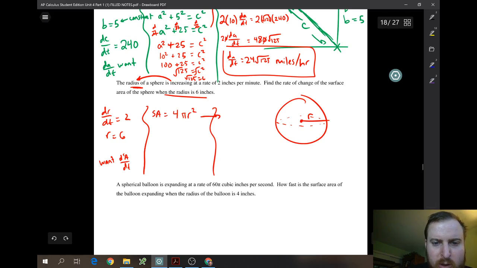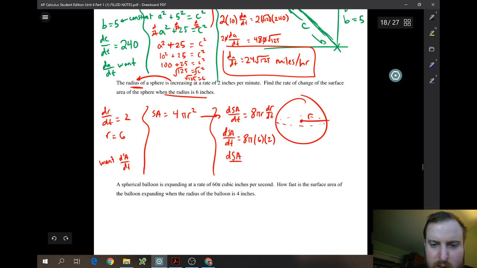So we're going to immediately take the derivative of this guy. So d surface area dt equals 8 pi r dr dt, right? We need to remember to multiply by the dr dt. So now, our d surface area dt, or normally I'll just put a, is 8 pi, r is 6, and dr dt is 2. Very easy question.